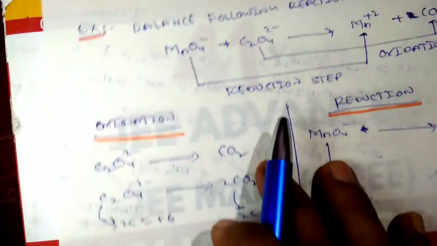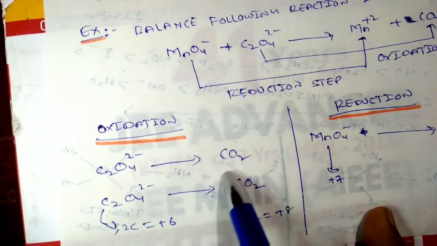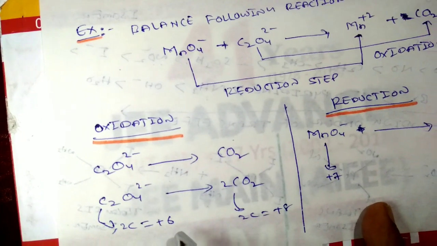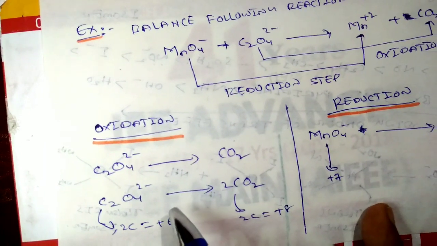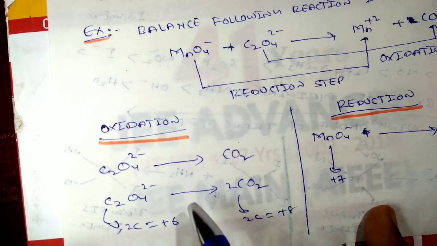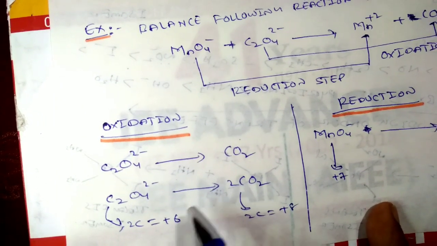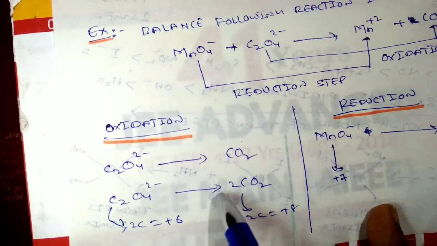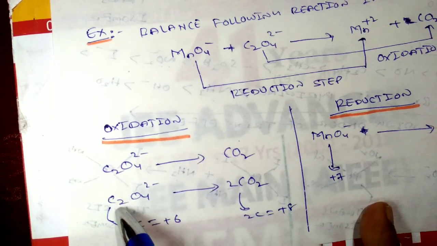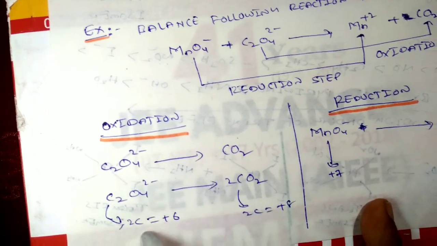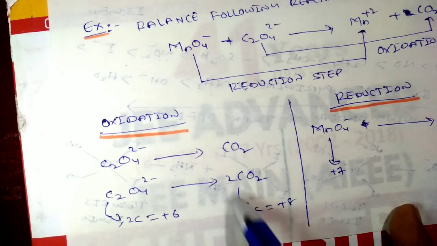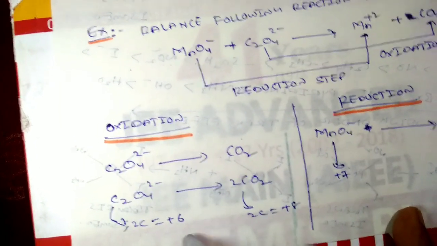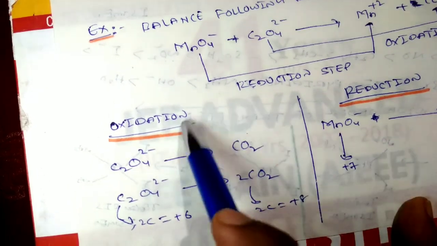First, balance the number of atoms, meaning the element whose oxidation number is changing should be balanced first. Here 2 carbons are there, so keep 2 carbons. What is the oxidation state of carbon here? For 2 carbons the oxidation state is +6, and on the other side for 2 carbons it is +8. So +6 becomes +8, therefore this is the oxidation step.